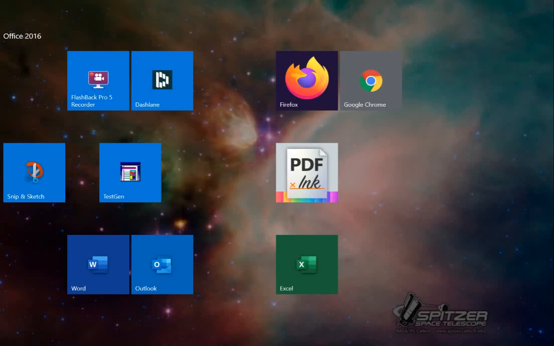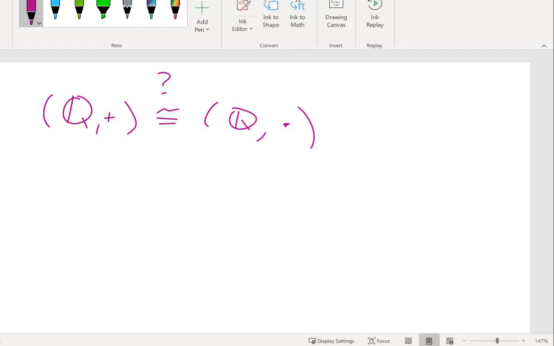Okay. So you're getting paranoid over the homomorphism part, the operation preserving part, right? Okay. So if it's operation preserving, then again, if I have some phi, whatever letter you want to use, then I have to be able to show this.